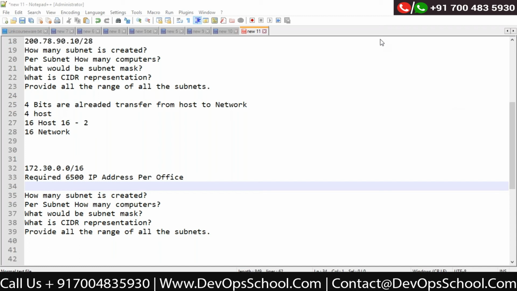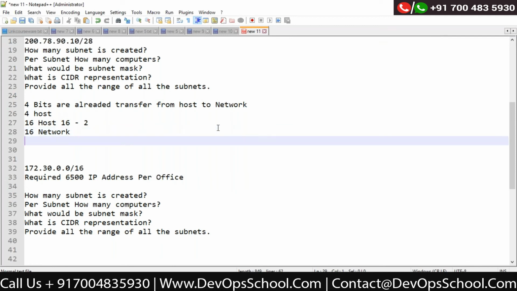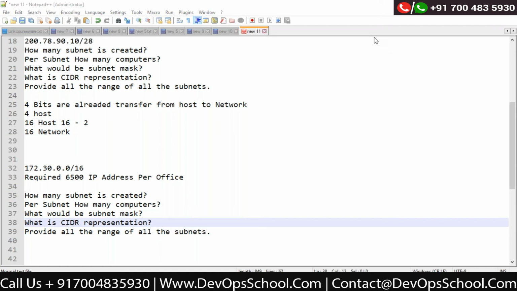I hope it is clear why we are doing subnetting. Okay, so you got the H value already disclosed by Sobia. Now it's very simple. Find the N value, calculate everything.